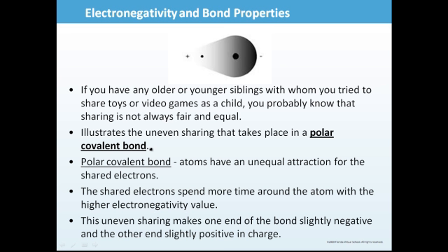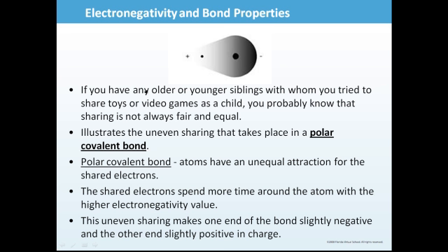And that's where we get a polar bond. The reason it's polar, if you have done magnetism before in physics or physical science, is that polar simply means you have a positive end and a negative end. When you have an uneven sharing of the electrons, one atom is going to have the electrons the majority of the time, so it's going to have a slightly negative charge. The other atom is not going to have the electrons very often, so it's going to have a slightly positive charge.